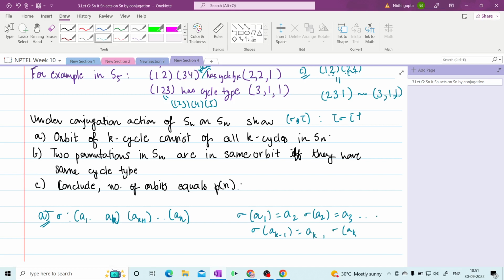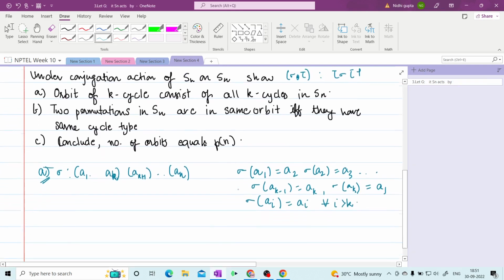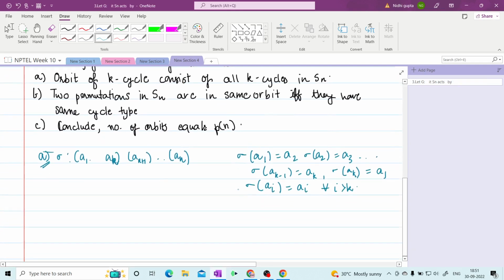Now this is a cycle, so ak goes to a1: σ(ak) = a1, and all others, σ(ai) = ai for i greater than k. So this is the permutation. Now we have to show that the orbit of this consists of all k-cycles in Sn.